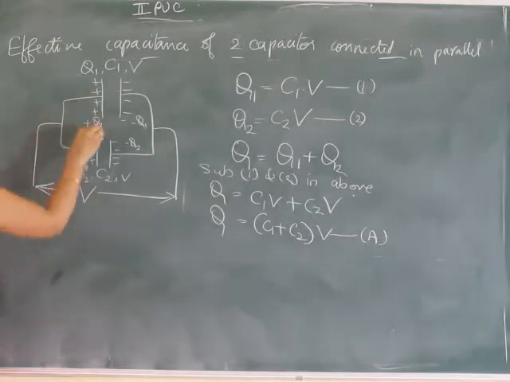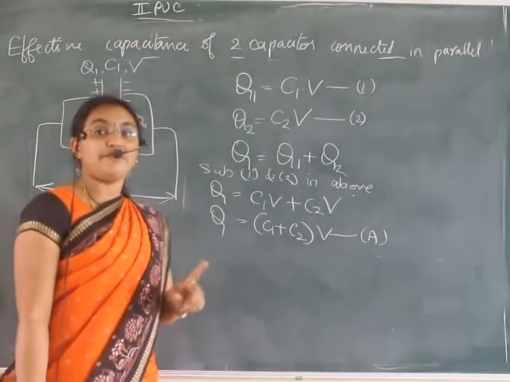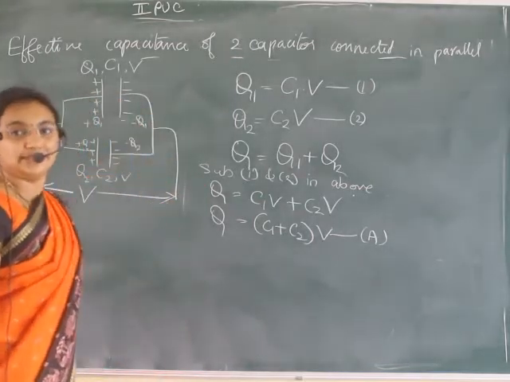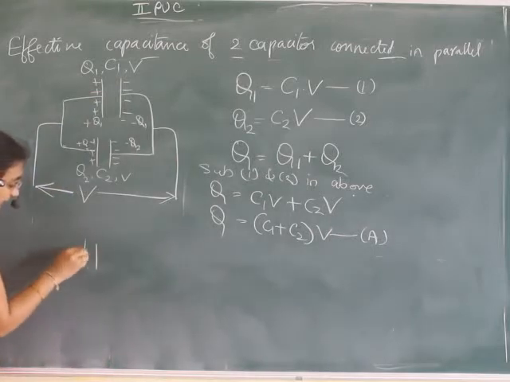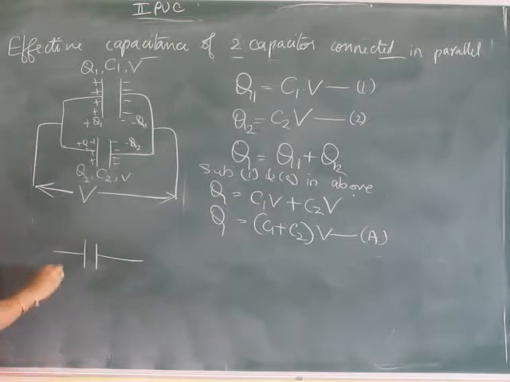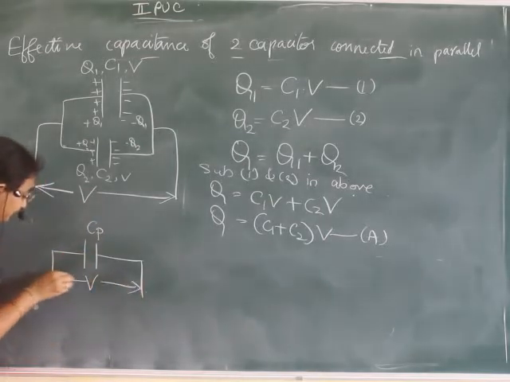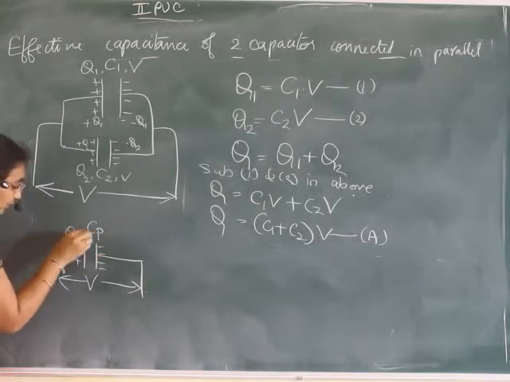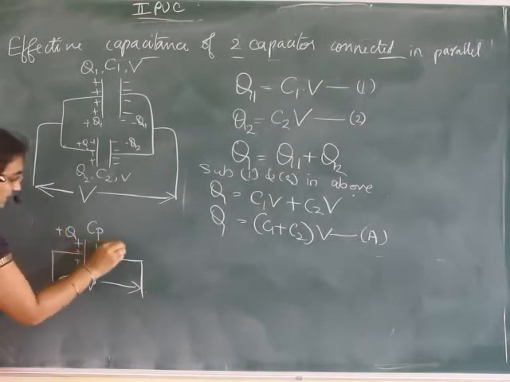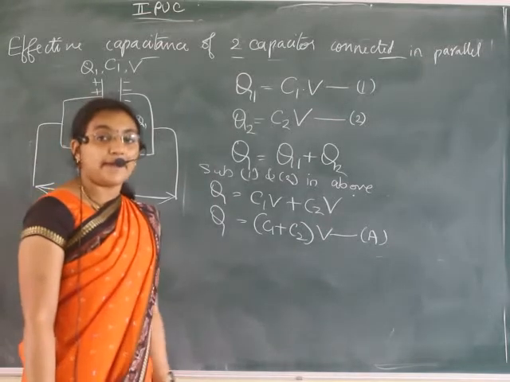Now, instead of two capacitors, let us take one single capacitor which is equivalent to the two capacitors. Let us replace the two capacitors by a single capacitor of equivalent capacitance CP, and we will place it across the same potential difference V. Let the charge stored be Q, plus Q and minus Q across the plates. Therefore, the total charge stored is Q across the capacitor.